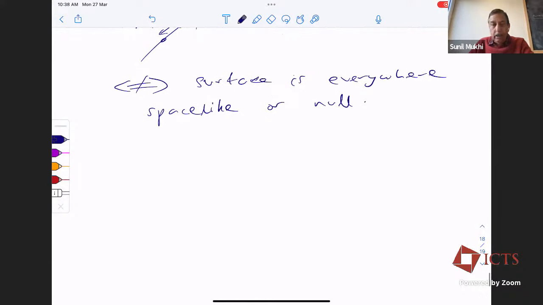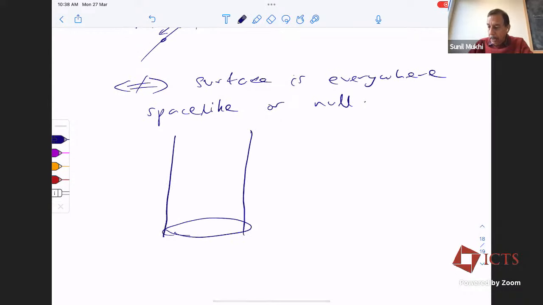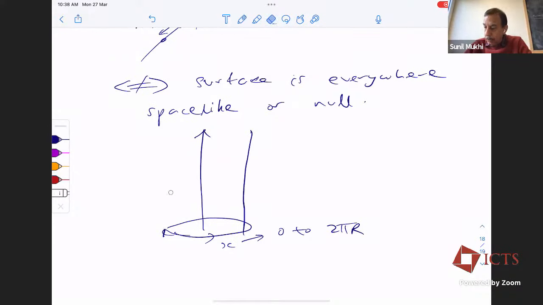And this can happen if I have an interesting topology. So imagine that my space-time still has a Minkowski metric, but the space is a circle. So X actually goes from 0 to 2 pi r. Okay, and time still goes upwards. Oops, my lines are getting worse. Time still goes upwards.